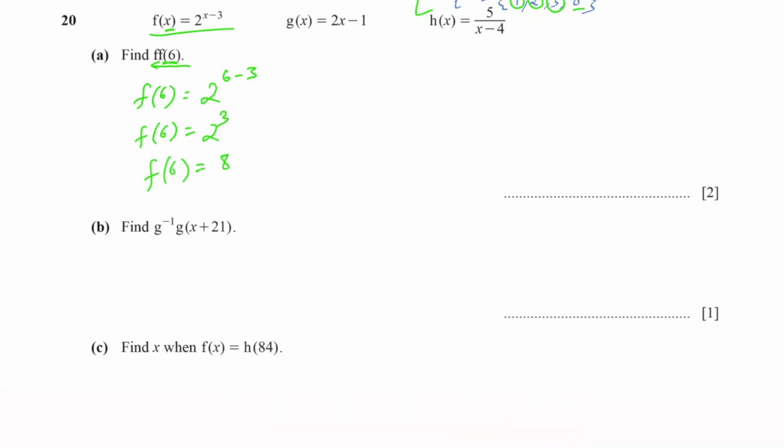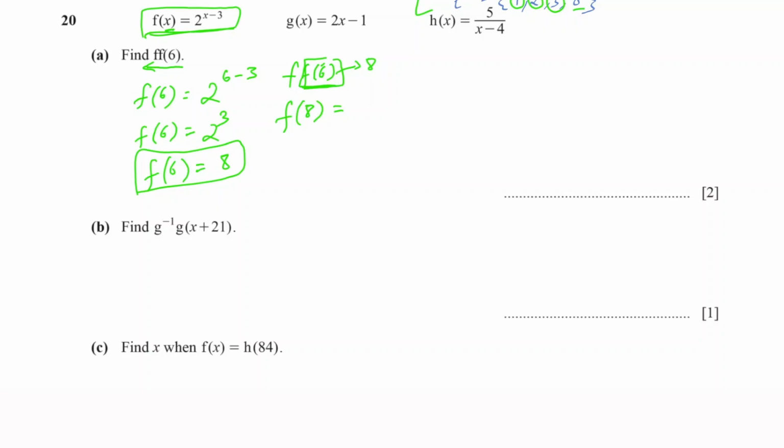Now as I told you, we have to move from left to right. So we already solved f of 6. Now f of 6 is this one, and it is 8. So we have f of 8 now, because this becomes 8, right? So f of 8 is equal to what? I'll put directly f of x where x is 8.